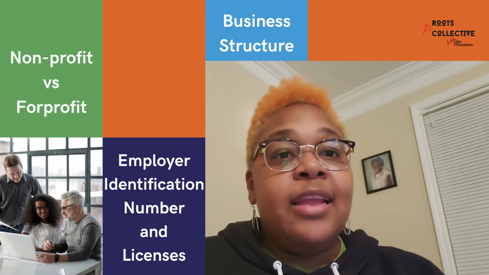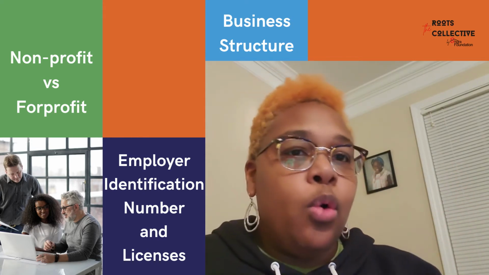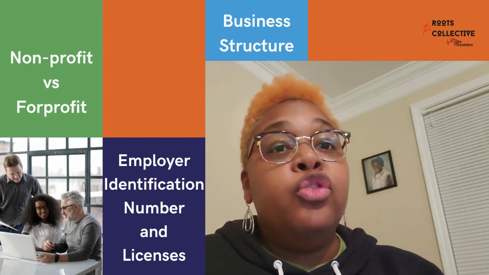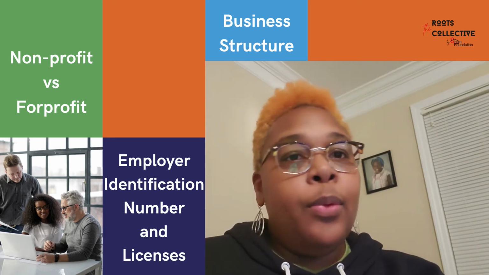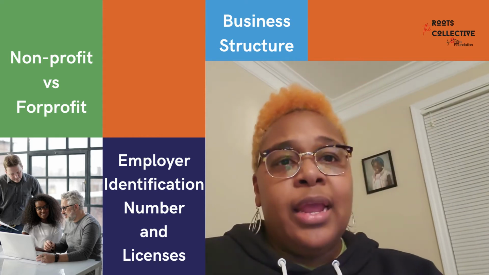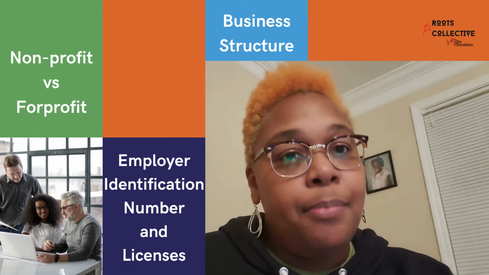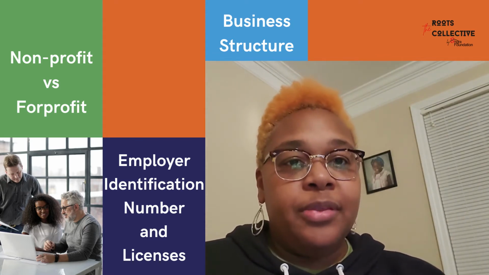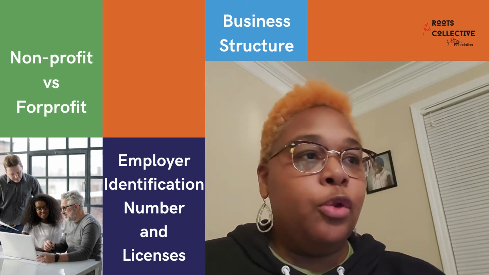So it is the fingerprint, the thumbprint of your organization, and it will follow you for the duration of the life of your business. A lot of people want to charge you $200 and $250 to get an EIN. It takes less than 10 minutes of your time, and it's absolutely free on the IRS website. That'll be talked about a little bit later.